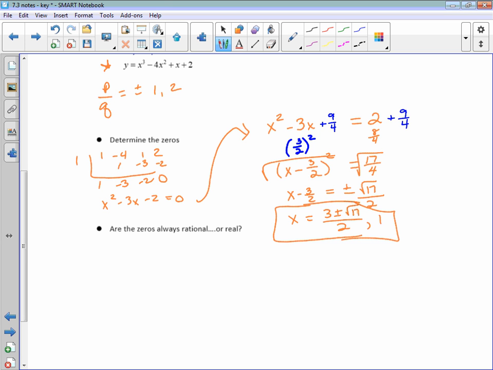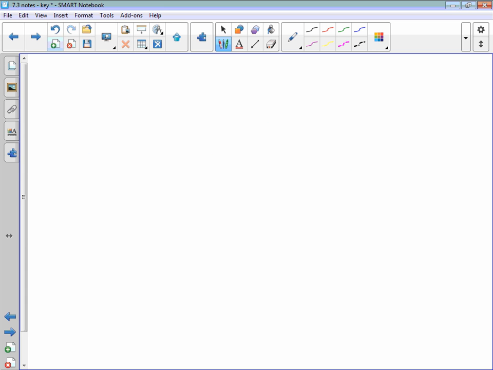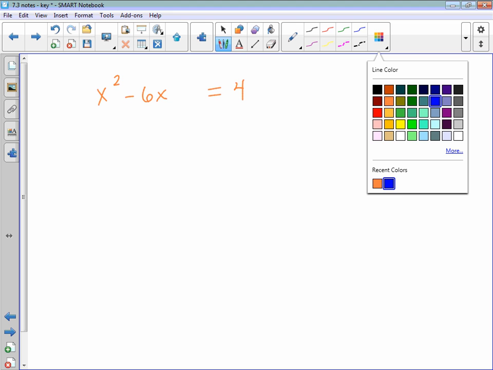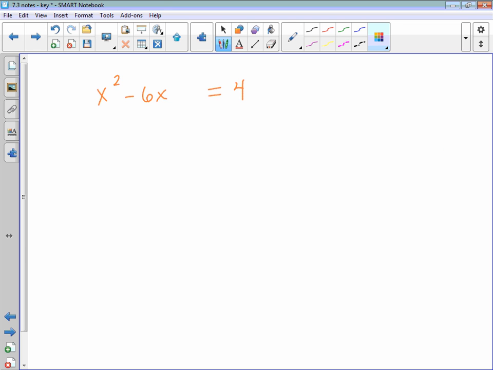That's about as hard as it gets, so, yes. Are you always multiplying by 3/2 squared? Are you always multiplying? Or adding? No, it's whatever that middle term is. So here, let me do one more for you. Let's say we had x squared minus 6x equals 4. Okay, so whatever is in the middle here, we do 6/2 and square it.